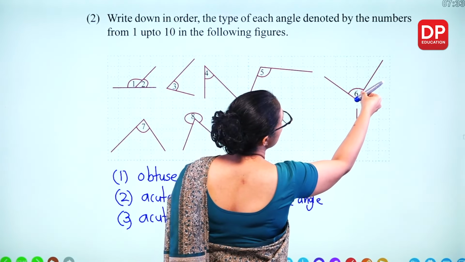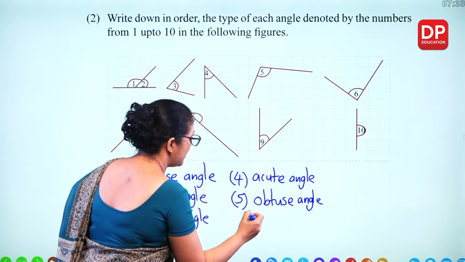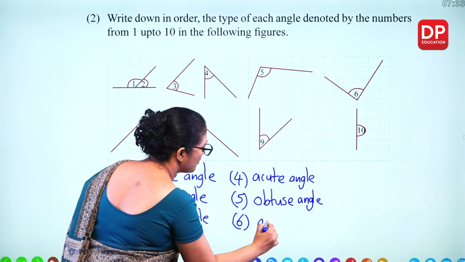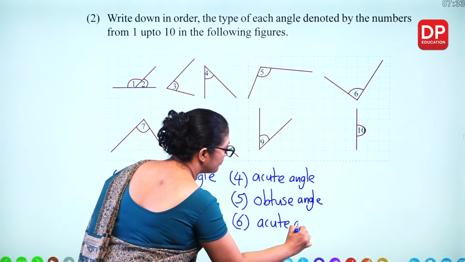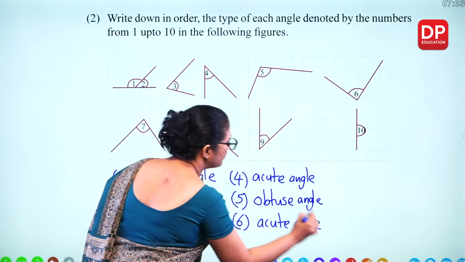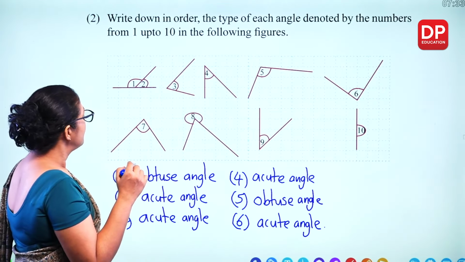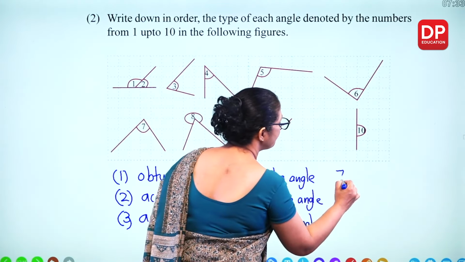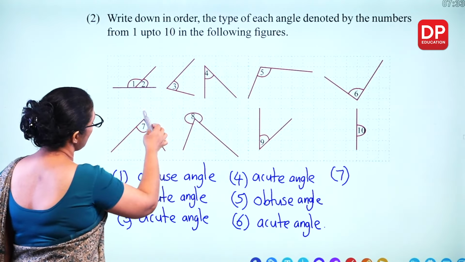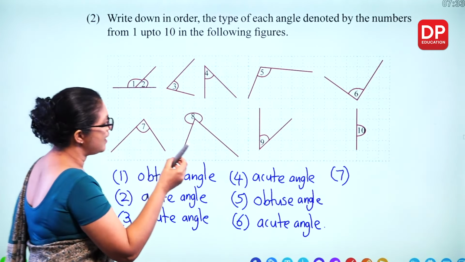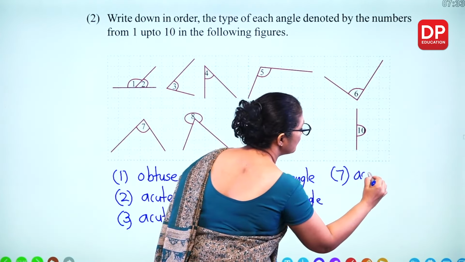This one, if it's 90, somewhere here, less than 90, acute. Seventh one, this is 90 here, less than 90, acute.